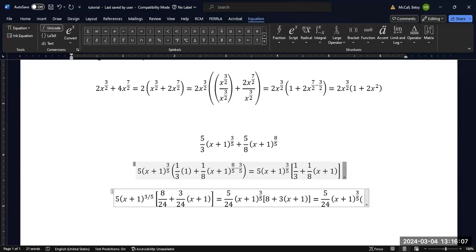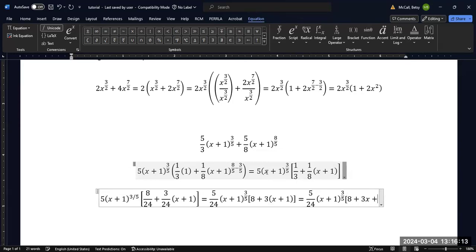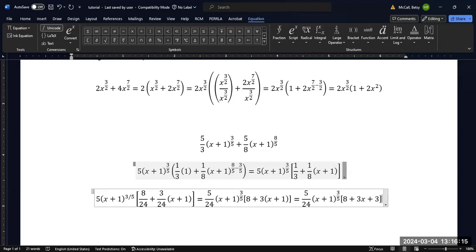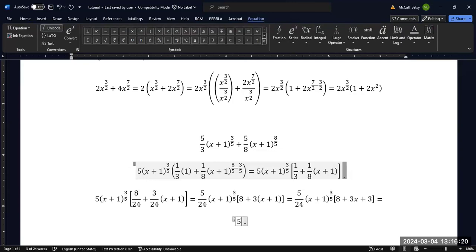And then we would have 8 plus 3x plus 3. And finally, 5 over 24, x plus 1 to the 3 over 5, and 3x plus 11.